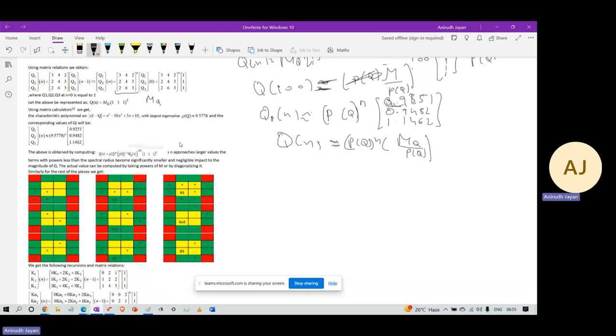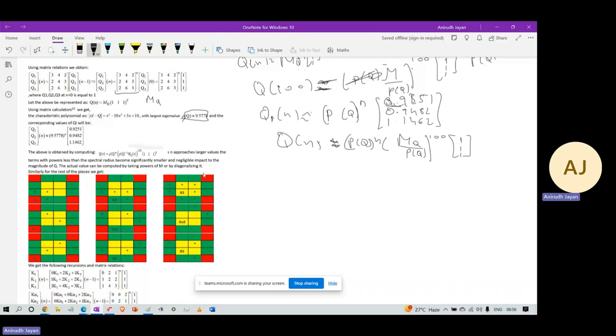Rho of Q is simply the largest eigenvalue, by the way. We simply assume that Q of n is simply rho of Q, the spectral radius of Q, power n times the following.